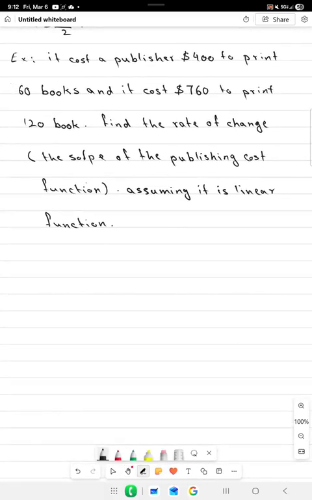If you read the problem, you will see they are giving us two ordered pairs. There are two quantities involved.